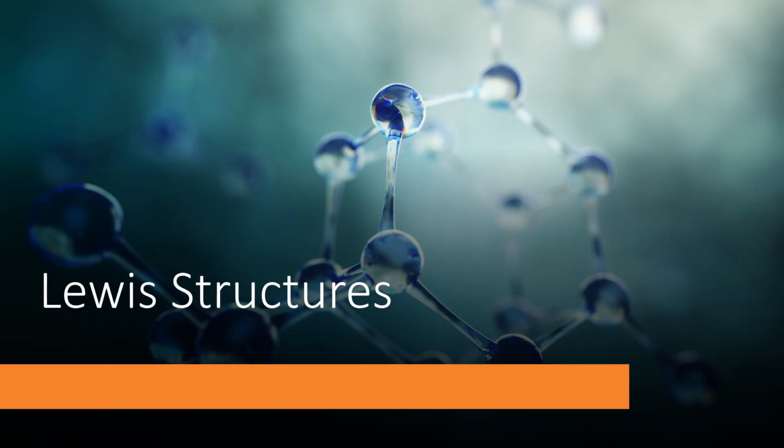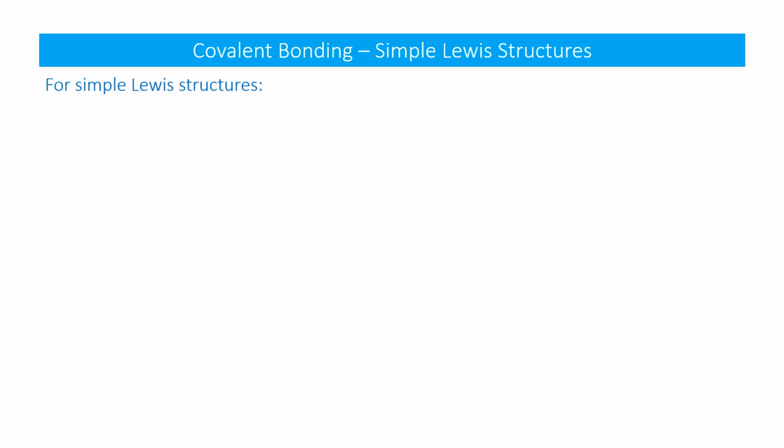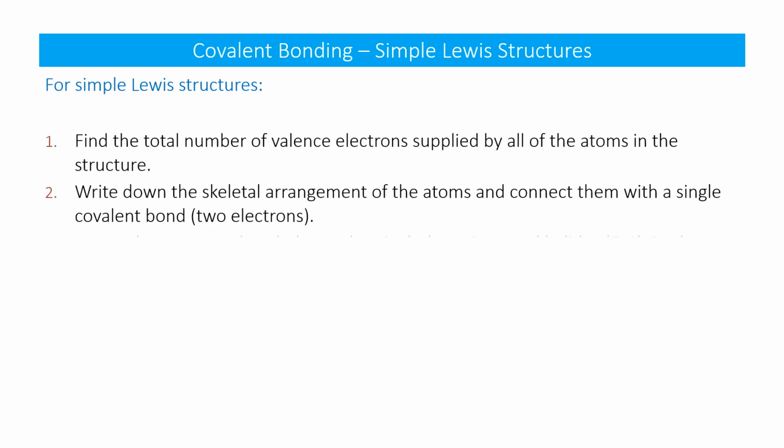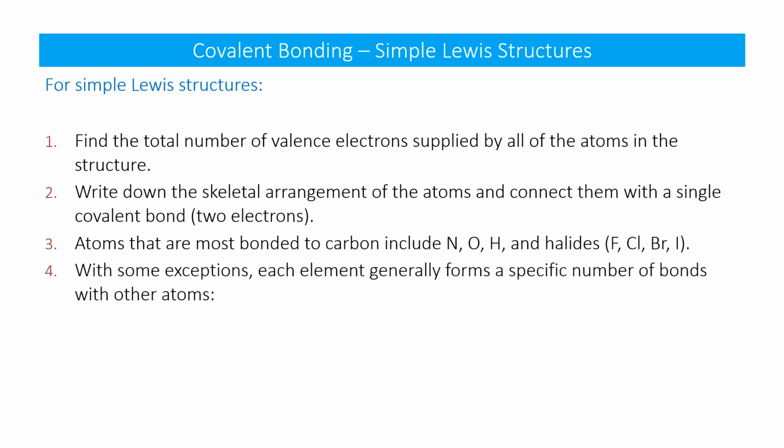Now let's delve into bonding, and the first species we'll look at are Lewis structures. And there are some simple rules for drawing Lewis structures. Firstly, we've got to figure out the number of valence electrons in the whole molecule, and then we draw skeletal arrangements of those atoms.